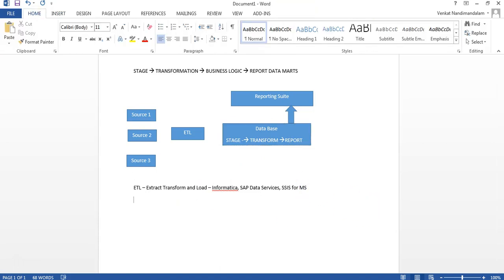The major reporting suites in the market are Business Objects, Cognos from IBM, OBIEE from Oracle, and Tableau. There are a lot of reporting tools in the market, and you can use any of them based on the customer requirements and build the reports.